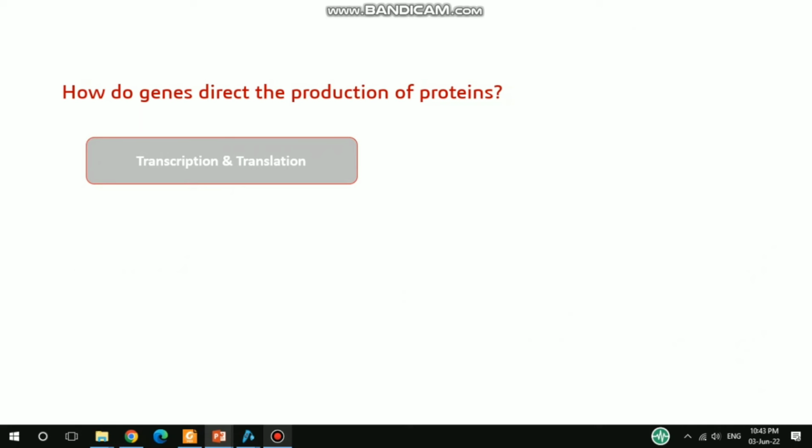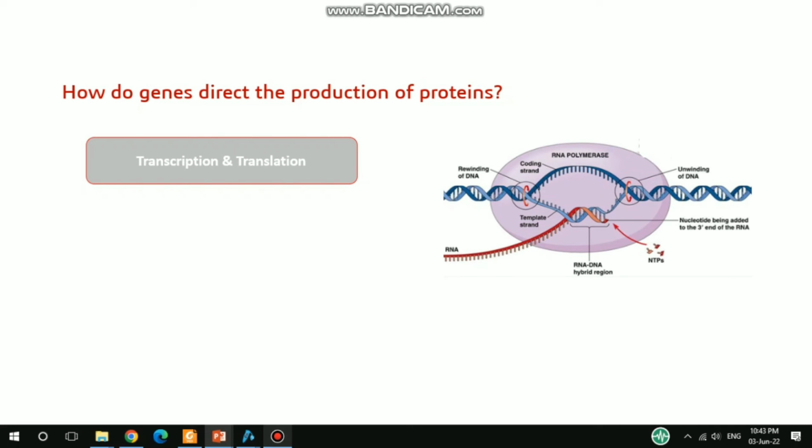Transcription and translation together are known as gene expression. During transcription, the information stored in a gene's DNA is passed to a similar molecule called messenger RNA, which is copied during transcription.